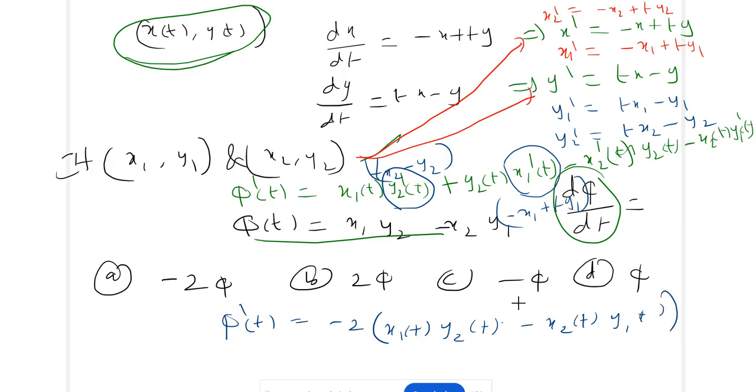This is okay, this is nothing but pi of t. So after simplifying and substituting, this is the structure we get. So pi dash of t = -2 times pi of t. So that is what they asked, which means -2 pi(t) is the answer. Option A is the correct one.